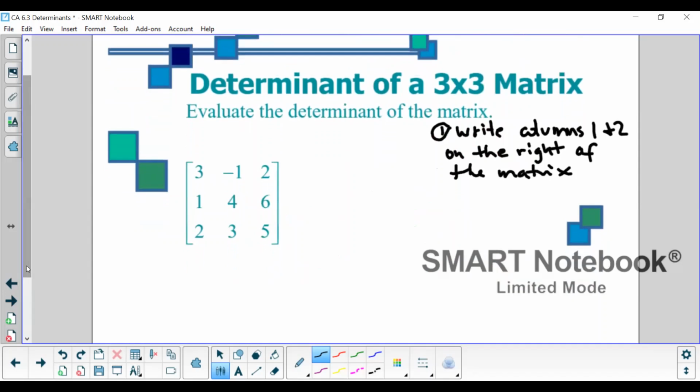So your first step is to write columns 1 and 2 on the right of the matrix. So the first column is 3, 1, 2. And the second column is -1, 4, 3.